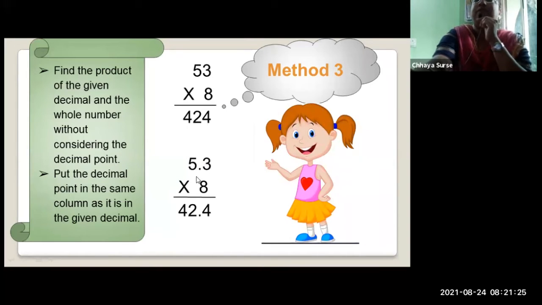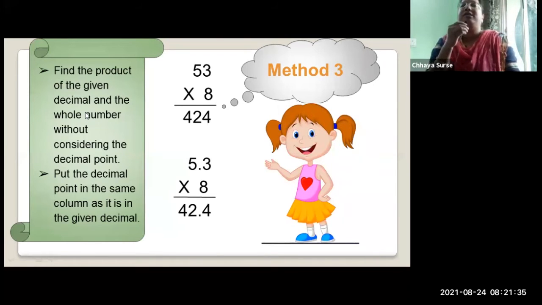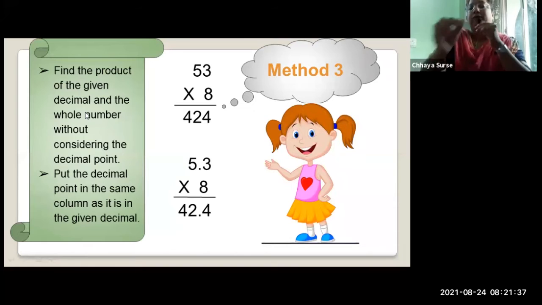Find the product of the given decimal and the whole number without considering the decimal point. So neglect this decimal point. Without the decimal point, this number is 53. So take 53 multiplied by 8.